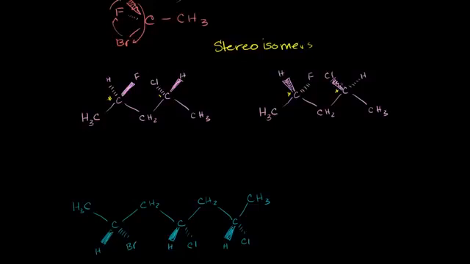Now, let's see if they're related in a more nuanced way. The best way to visualize this is to imagine putting a mirror behind this molecule. What would its reflection look like? Since the mirror is behind this whole molecule, this hydrogen is actually closer to the mirror.